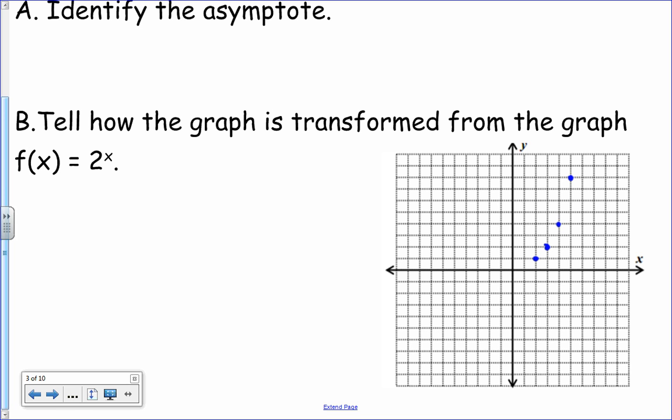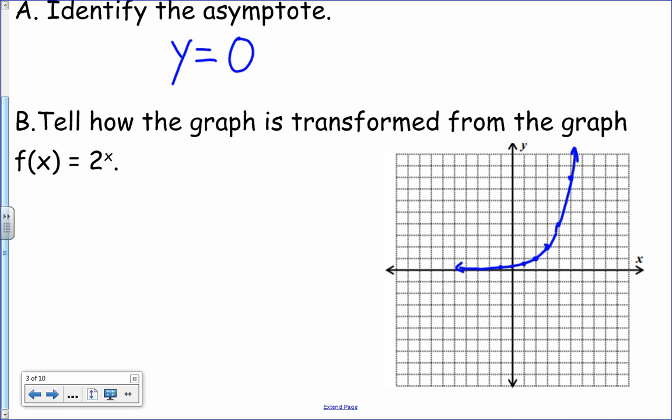And then before that point 2, at 1, we have a point at 0.5. At 0, we have a point at 0.25. At -1, at 0.125. So we can see right there that our asymptote is at 0. It starts flattening out right there near 0. So to identify the asymptote, we would say it's at y equals 0.